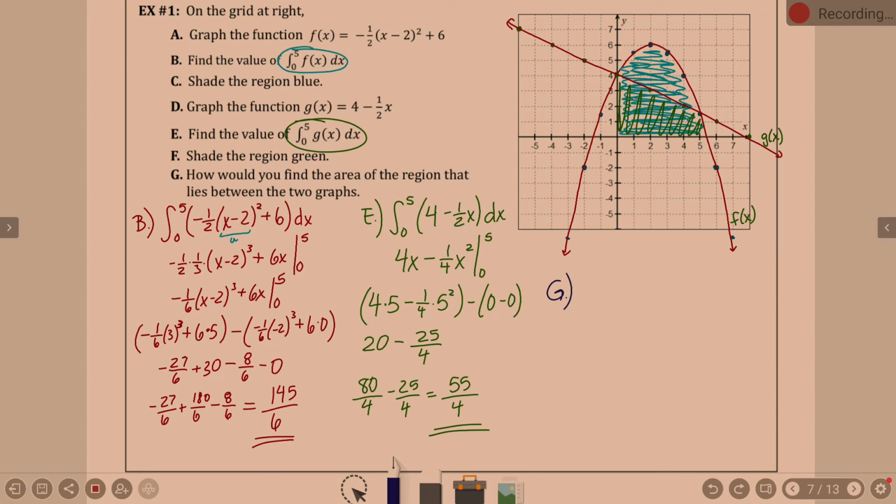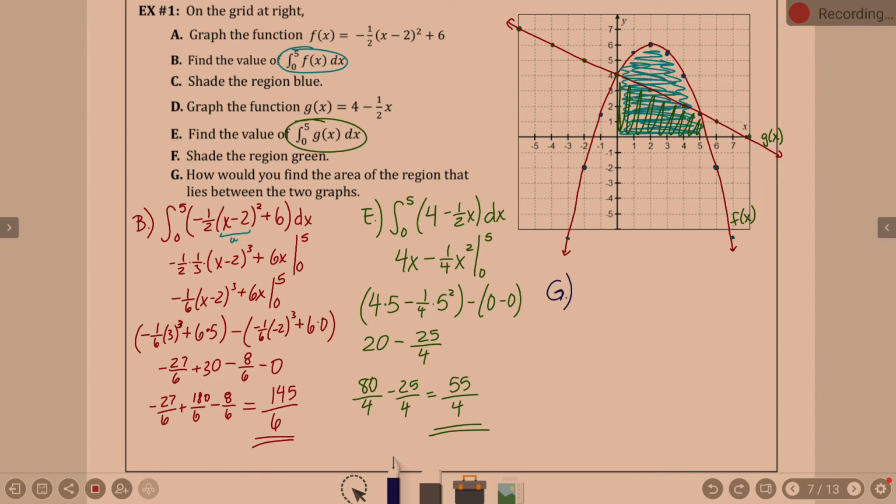Now, the point of getting to all this. G. How would you find the area of the region that lies between the graphs? What would you subtract? Subtract the area of x minus. Does that make sense? We're trying to find the area between the curves.